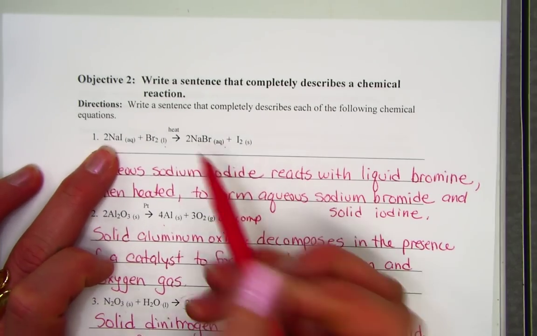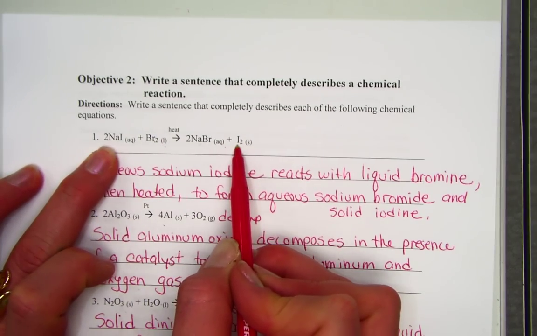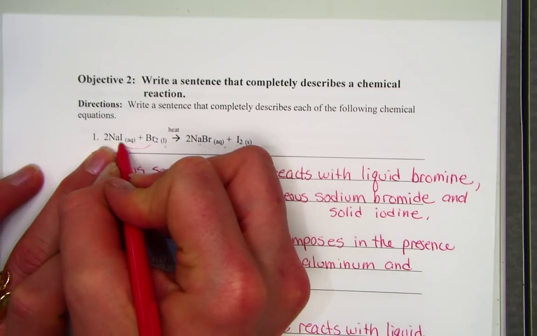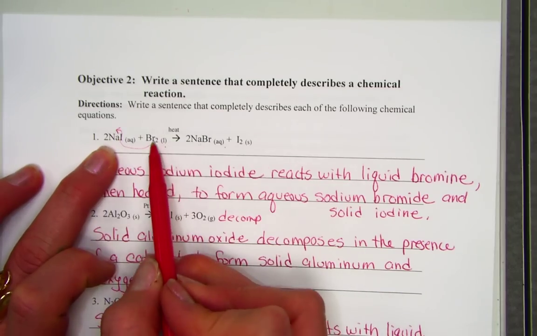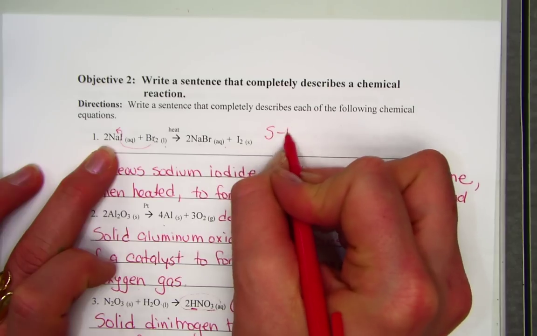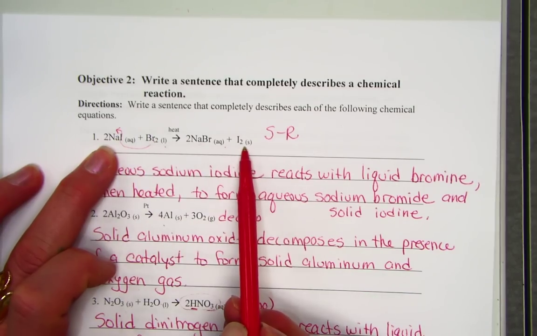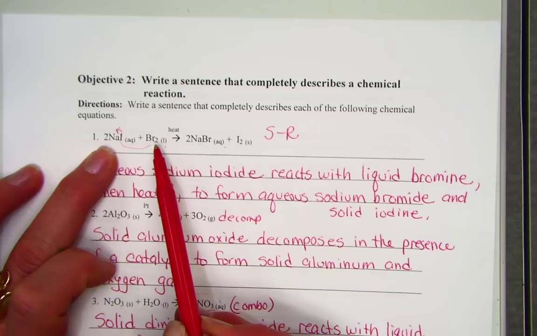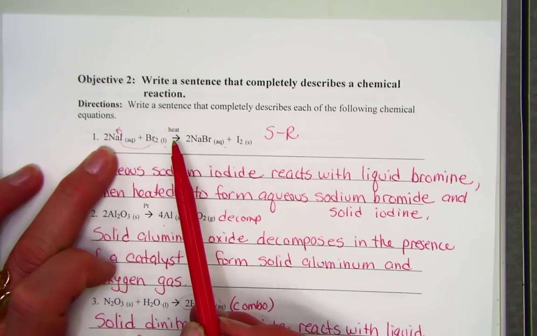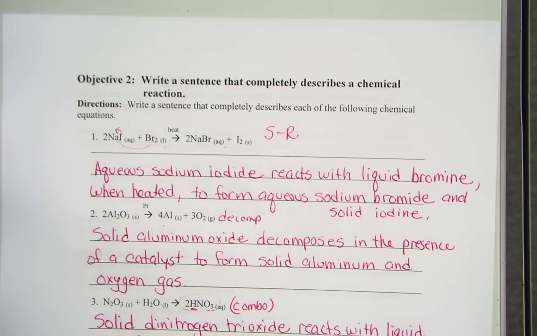Here I have a compound plus an element making a new compound plus an element. Bromine kicks out iodine. The nonmetal kicks out the nonmetal. This is a single replacement. Element plus compound made a new element and compound. This would be the picture of the dog dropping the bone to pick up the steak in our cartoon chemistry.